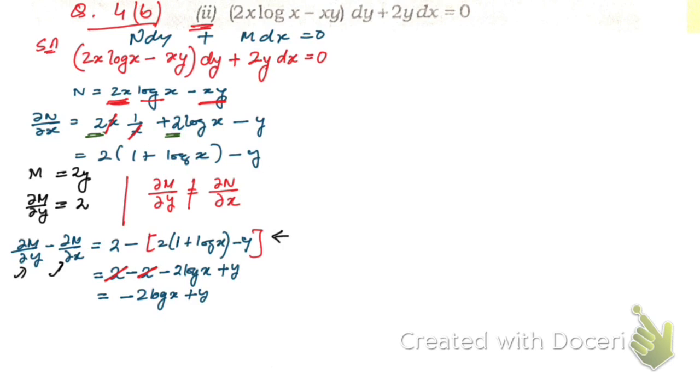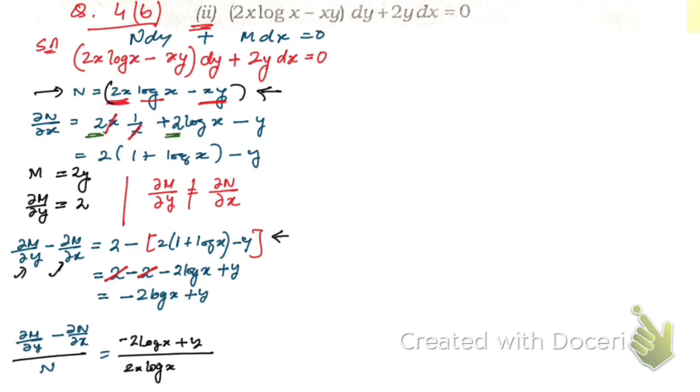Now you see, del M by del y minus del N by del x, divided by N, what will you get? This is your del M by del y minus del N by del x, which is minus 2 log x plus y, and divided by N. What was N? This is N. So divide it by the value of N. If you put it here, then what will you get?